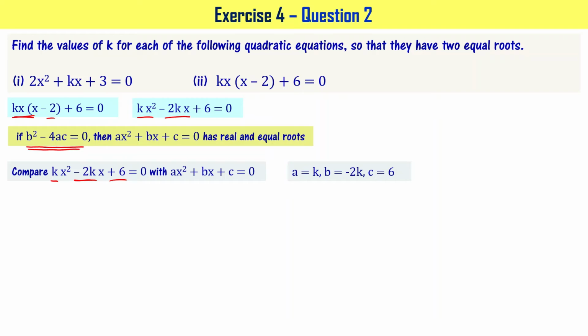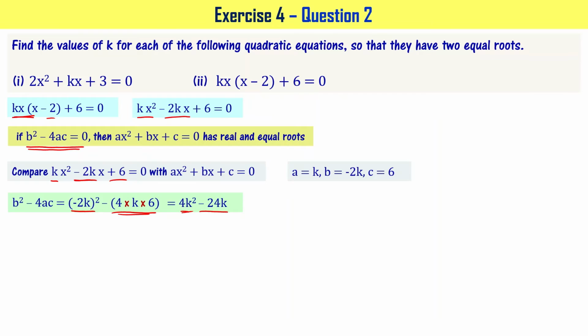Let's substitute them into b square minus 4ac equal to 0. b square minus 4ac can be written as (minus 2k) whole square minus 4 times k times 6, right? You simplify this further, you can write (minus 2k) whole square as 4k square, and this is going to be minus 24k.